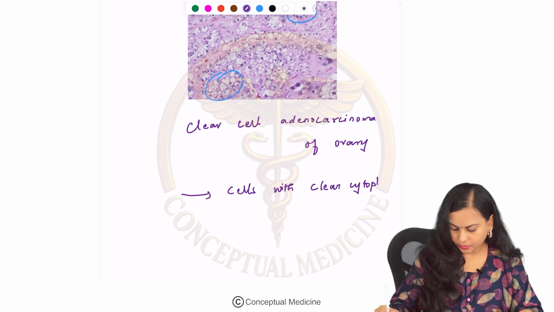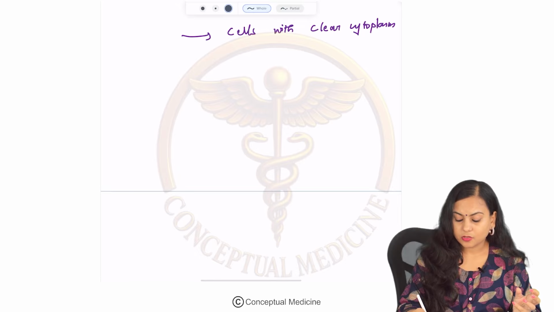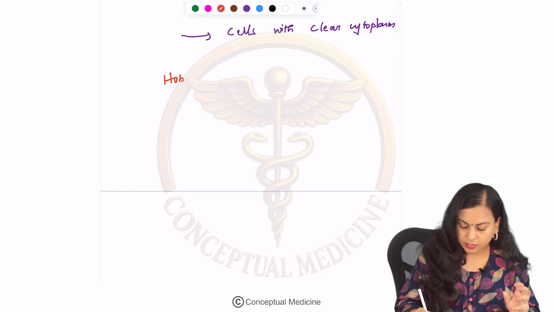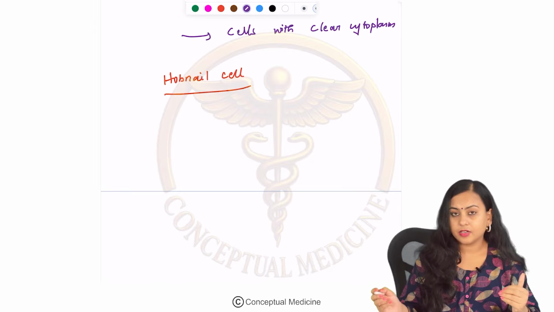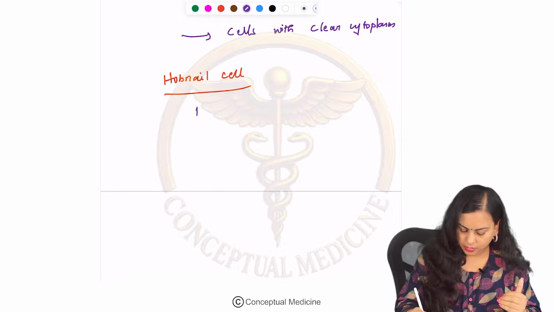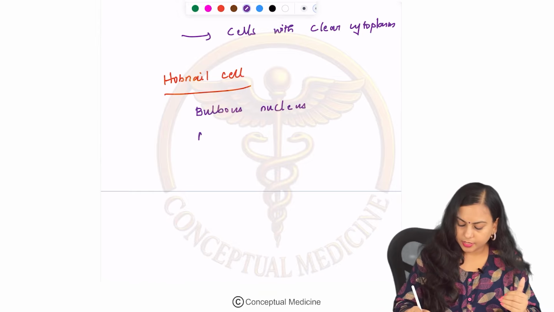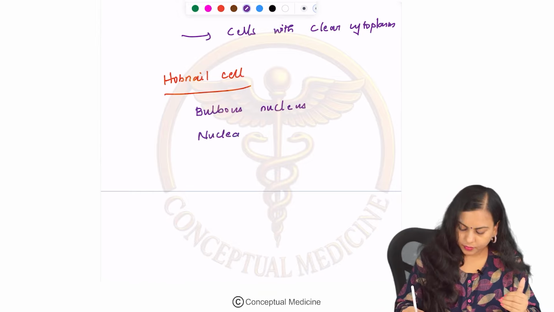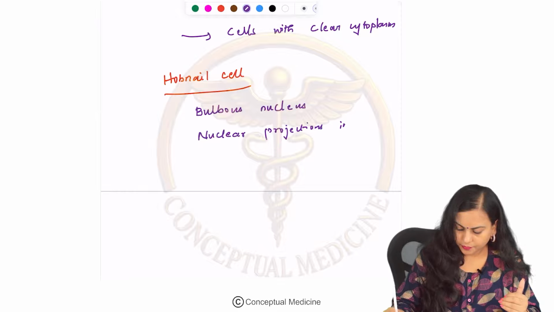Okay, you have cells with clear cytoplasm, right? Some other type of cells called Hobnail cells are seen in this type of cancer. So here you will have a characteristic bulbous nucleus and there will be nuclear projections into the cytoplasm.